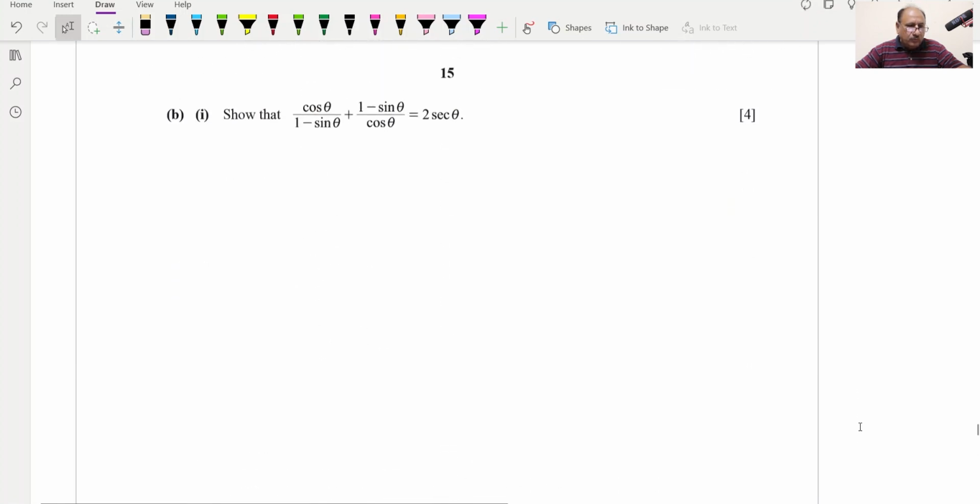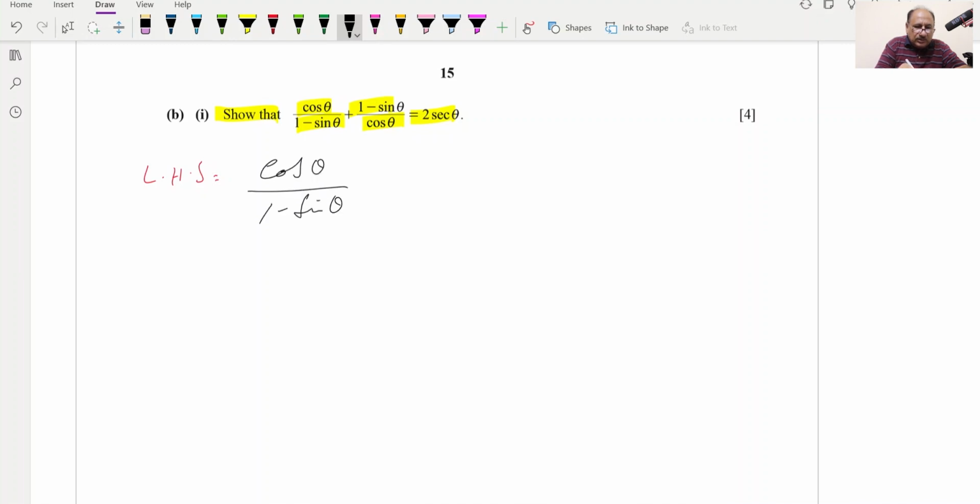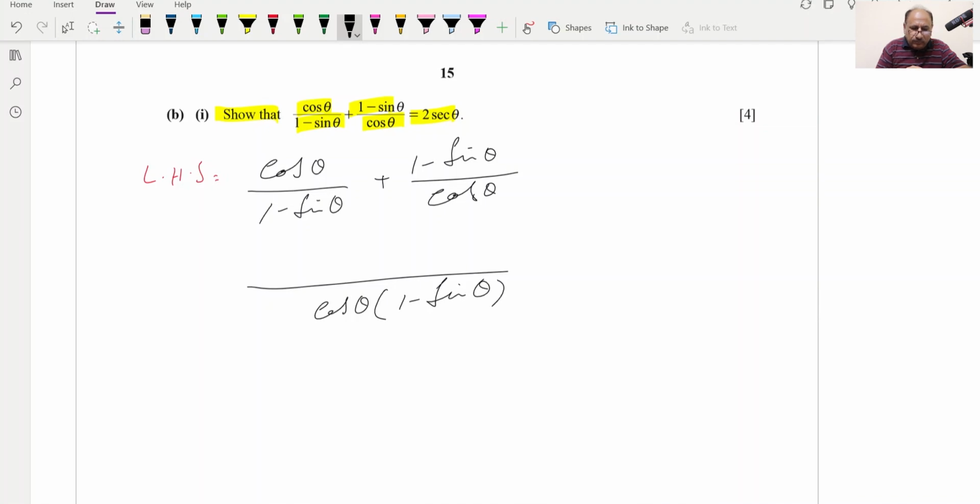Now we can move to part b. Part b says show that this one is equal to this one. We can take the left hand side. So the left hand side will be cos theta over 1 minus sine theta plus 1 minus sine theta over cos theta, and we can take the LCM. The LCM will be cos theta into 1 minus sine theta, and the numerator will be cos square theta plus 1 minus sine theta whole square.